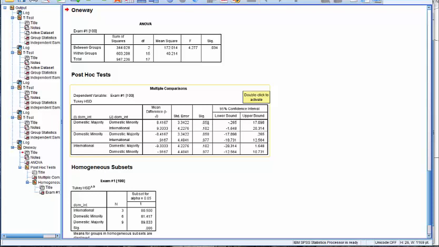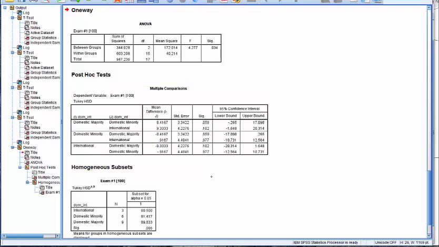That does not meet our standard. Domestic majority compared to international is significant at 0.102. That does not meet our standard. And then look at these other significance numbers: 0.058, 0.977, 0.102, 0.977.